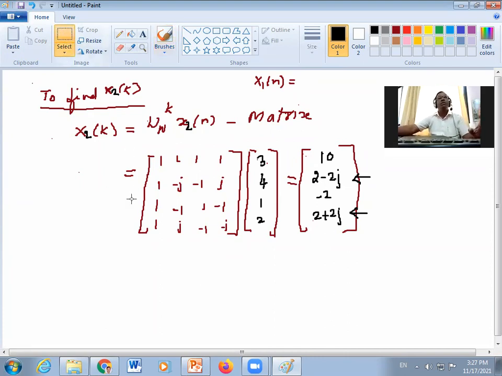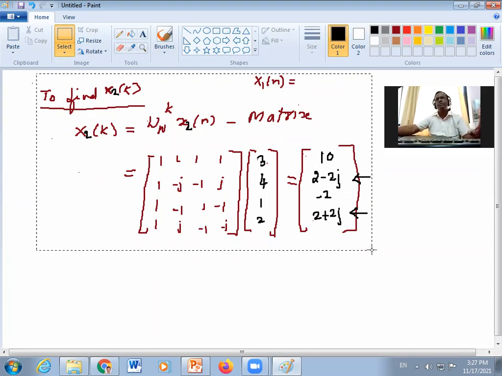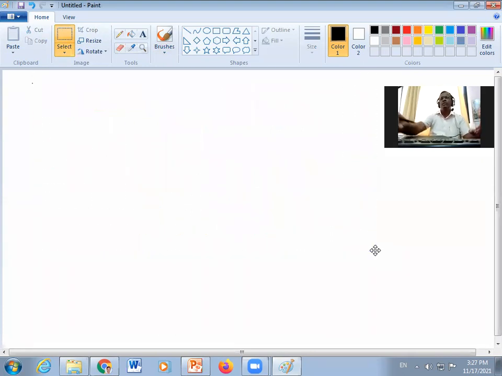Now let's move to the further part. Can I clean this now? What is asked, what is the next step? To take a product, we need to take the multiplication of x1 of k and x2 of k to find the value of y of k.